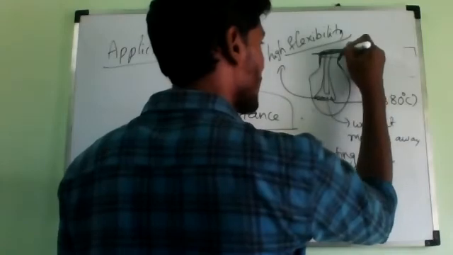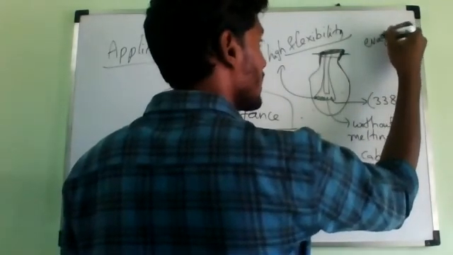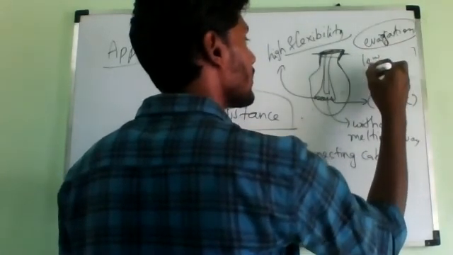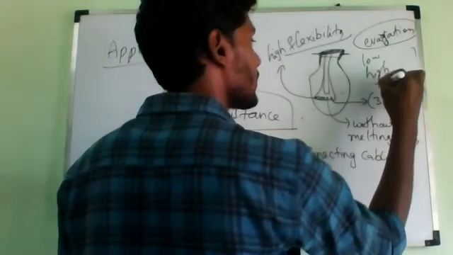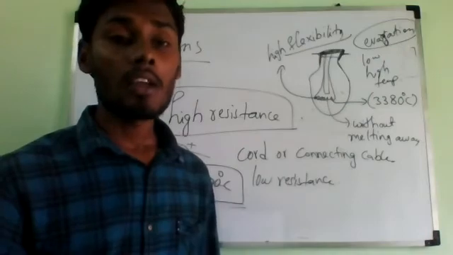Evaporation means converting into another state, the gaseous state. The rate of evaporation is very low even at very high temperatures. So these are the reasons why we are using tungsten as a filament.